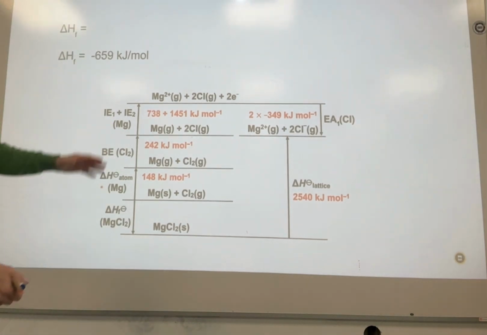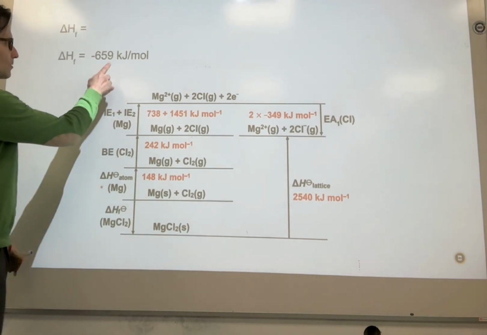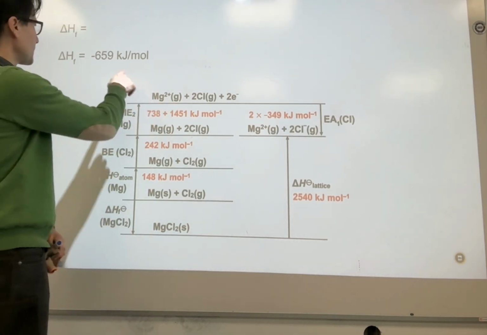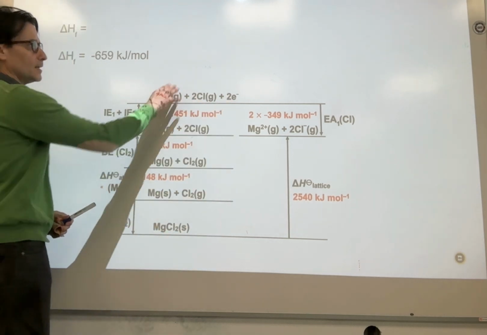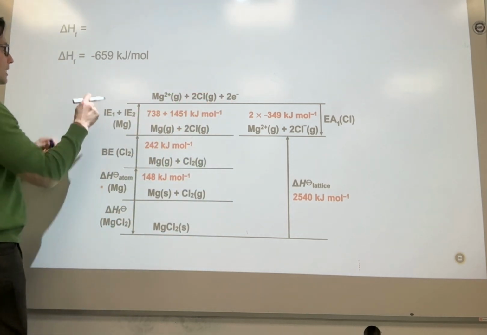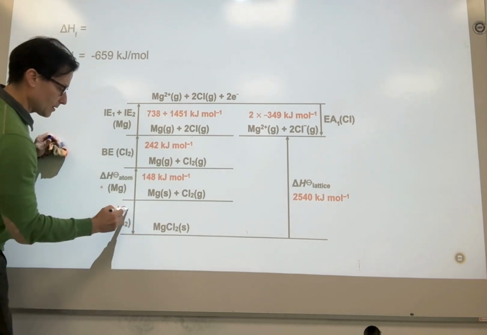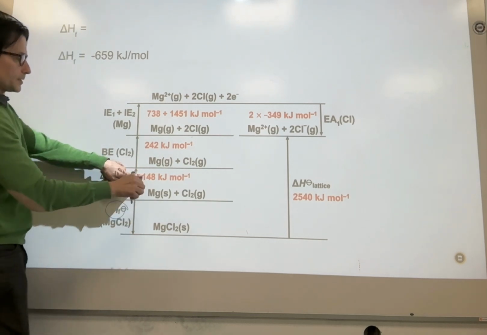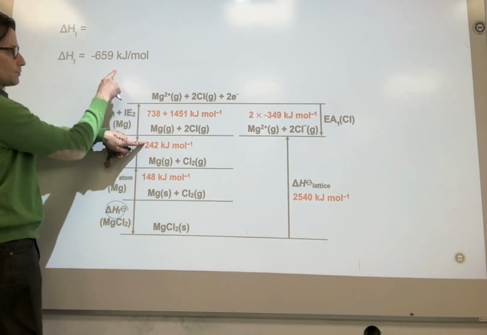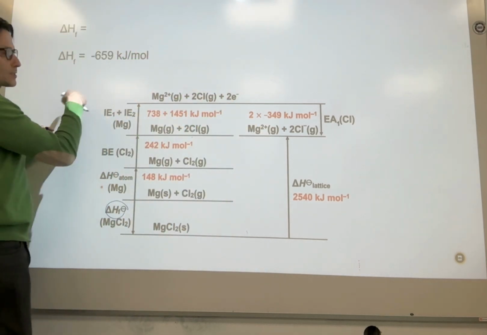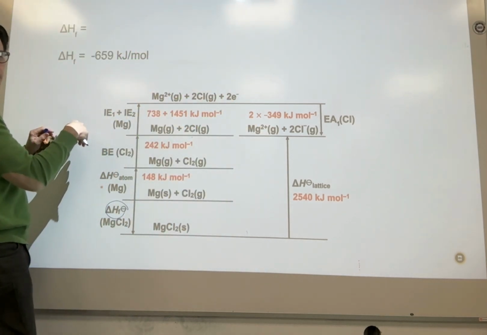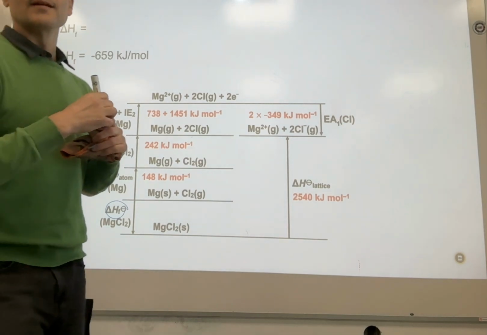The example that we just did, the one above, said 640 something, this says 659, and that's just because the numbers are slightly different. But this is what we already saw on the first slide, where we take this 148 plus this 242 plus this and subtract that. So we already did that on the first slide, so I'm going to skip past this one.